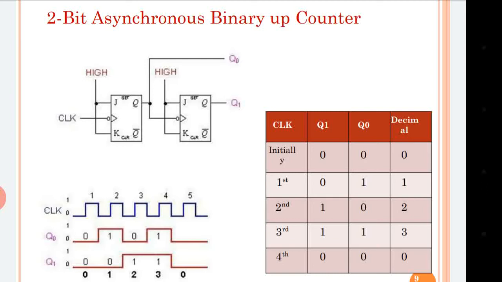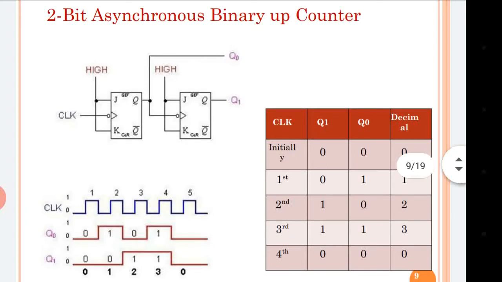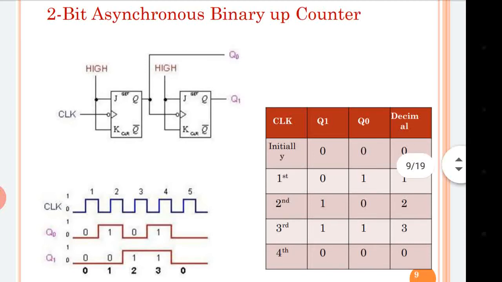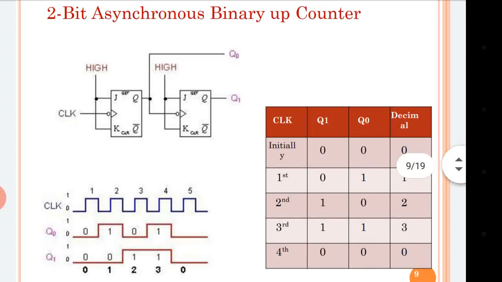So all the flip-flops will receive the clock at the same instant of time in case of synchronous counter. But in case of asynchronous counter, the external clock is applied to the first flip-flop as shown in this diagram, and the output of first is applied to the clock of next as shown in this diagram, and so on.